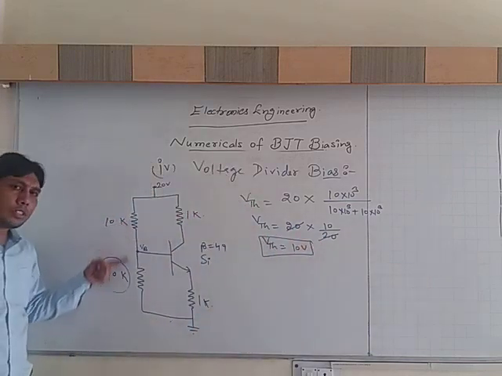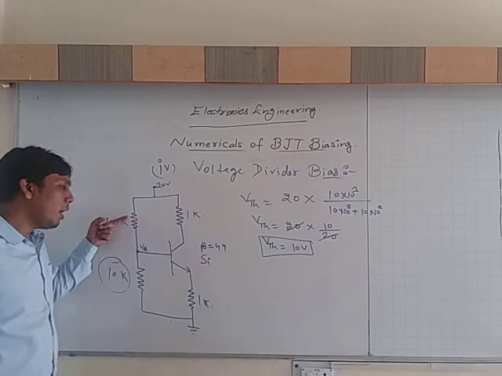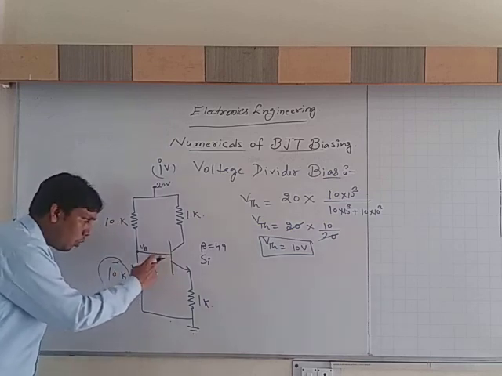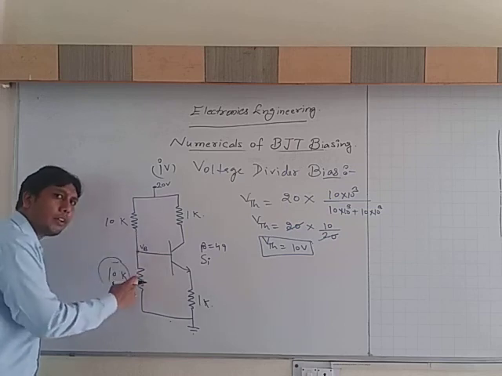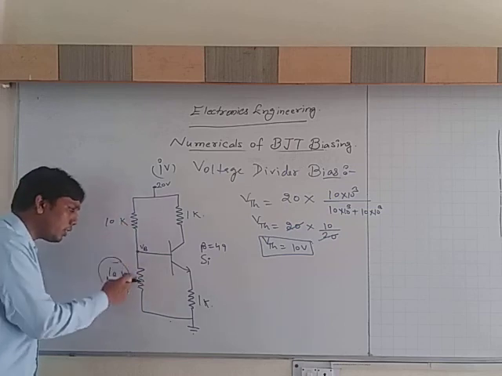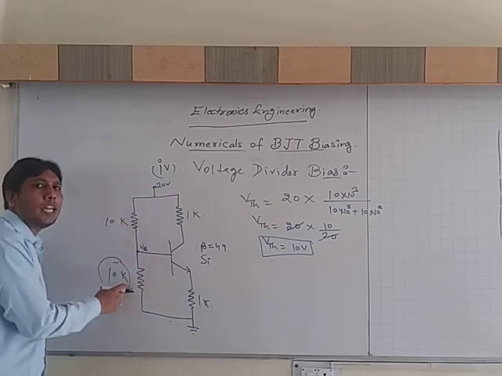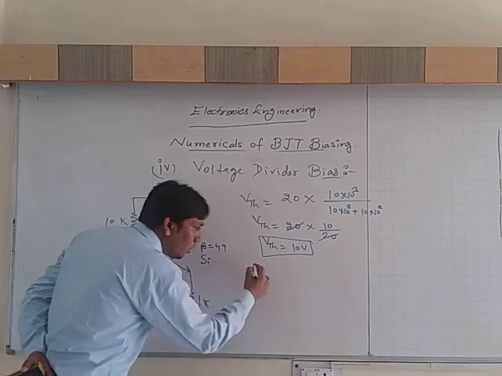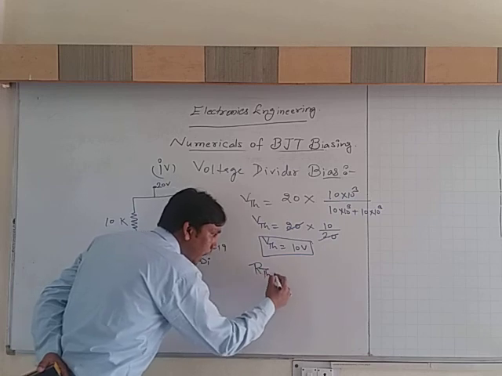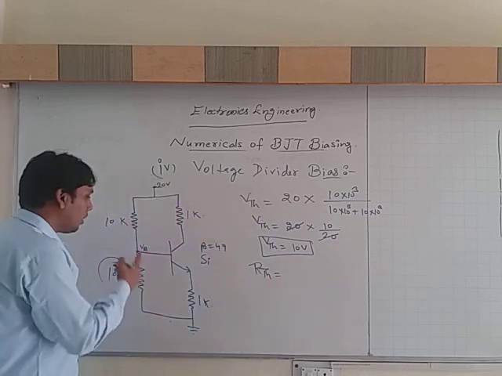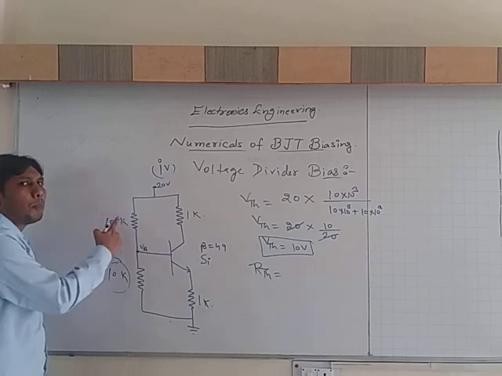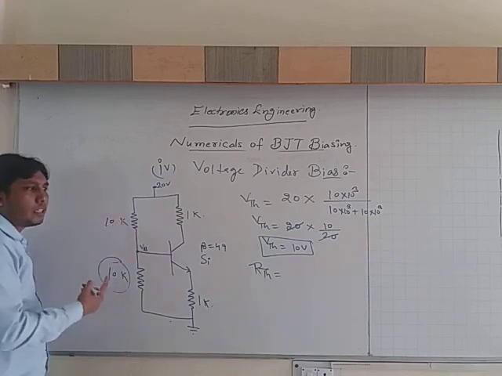Since these two resistances are found in parallel for this transistor, if we look towards this resistance, these two resistances are working in parallel to this transistor, so the equivalent resistance, that is RTH, will be this resistance into this resistance upon this resistance plus this resistance.